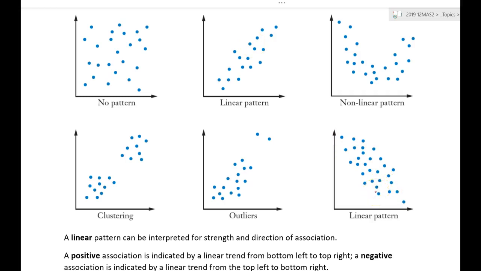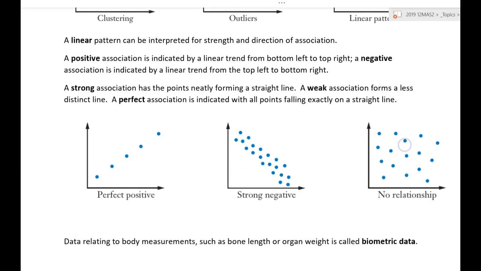Now the strength of this association as well is not related to the steepness of the line. The strength of the association is how well they conform, how well they all fit together to form a nice neat line. So we might say this is quite a strong association.